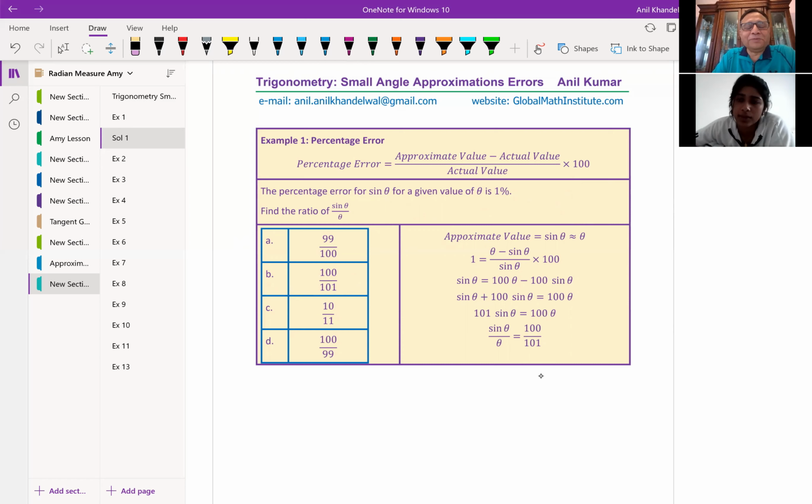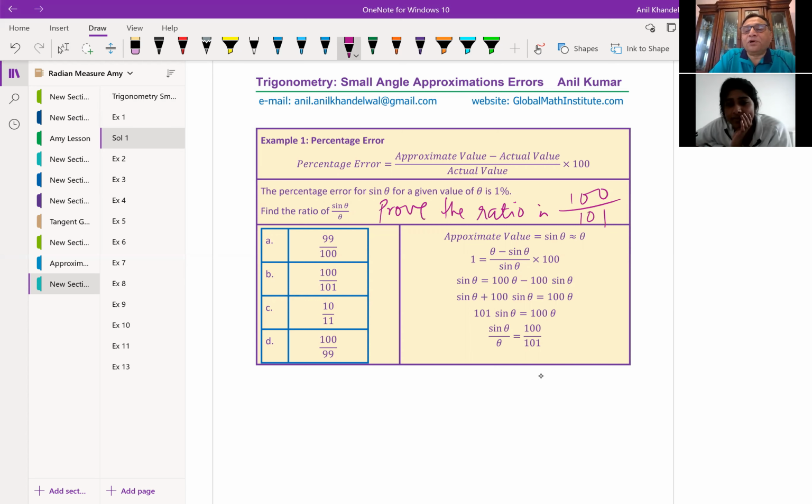Sometimes the question could be: the percentage error for sine theta for a given value of theta is 1%. Instead of find the ratio, prove the ratio is 100 over 101. Because that becomes the obvious answer, right?